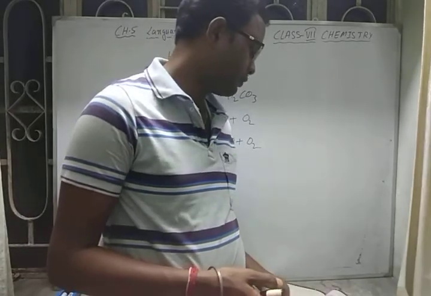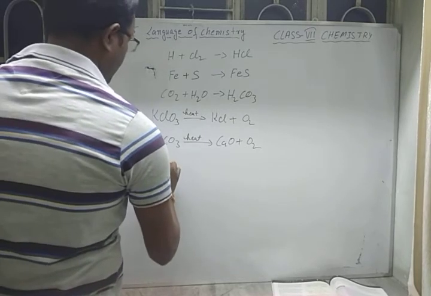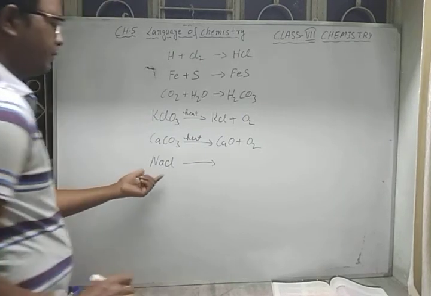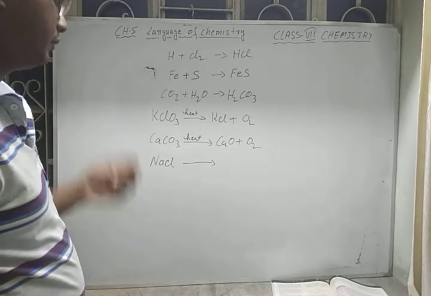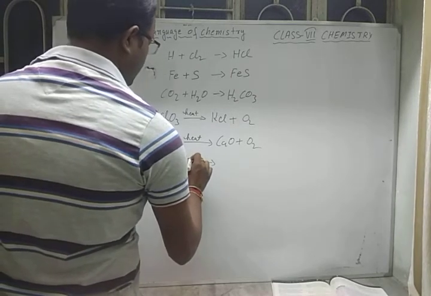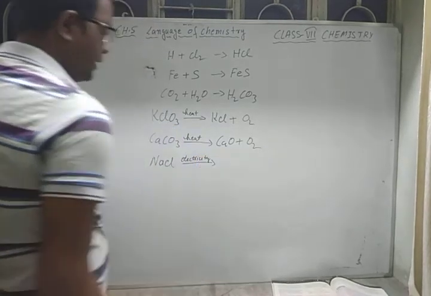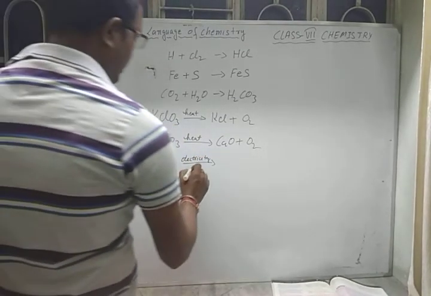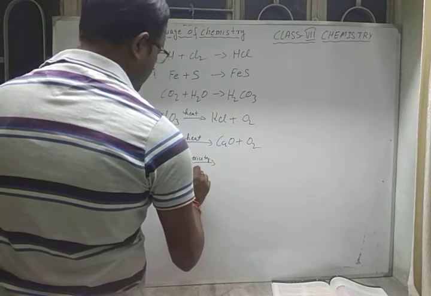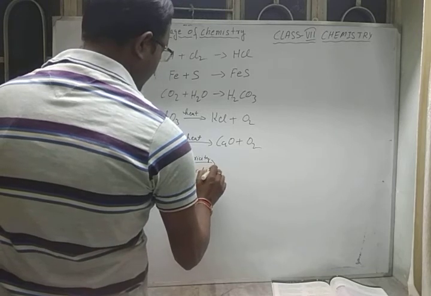Sometimes, one example I will show you for electrolysis also. Suppose NaCl, sodium chloride. If you want to break the sodium and chlorine from the sodium chloride, what do you have to do? You have to pass electricity, and this process is called electrolysis.